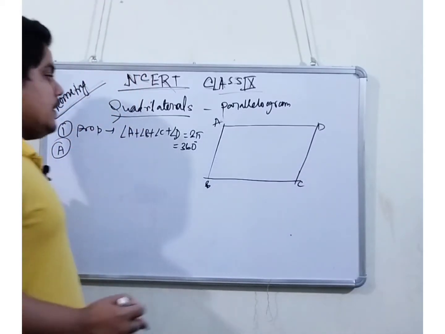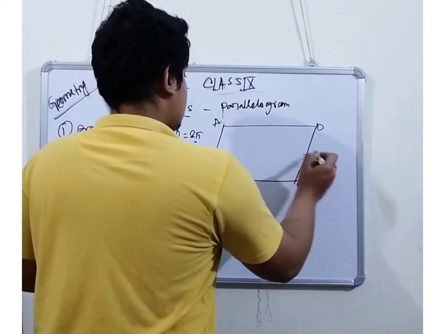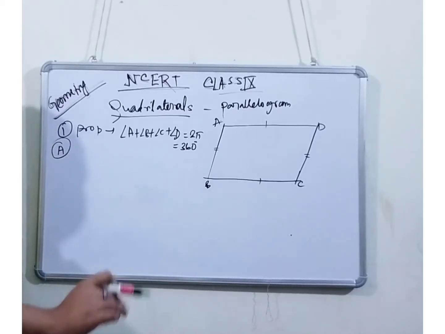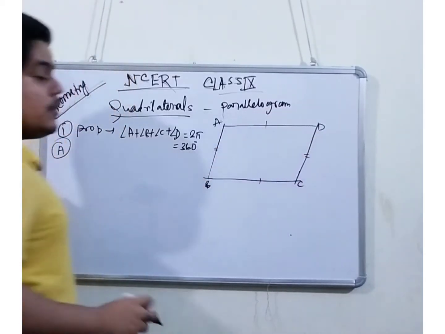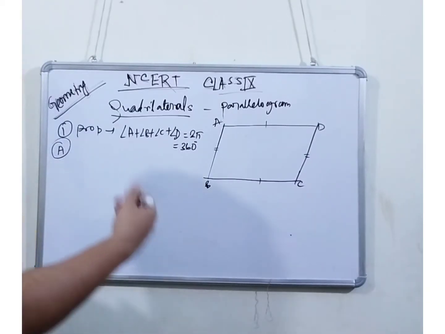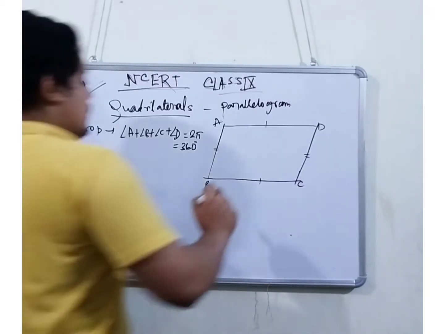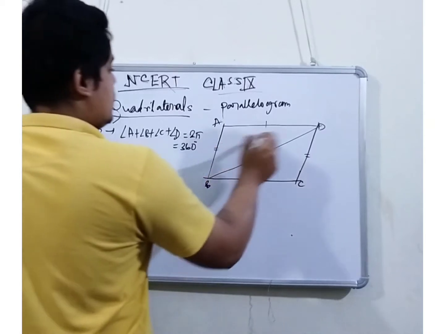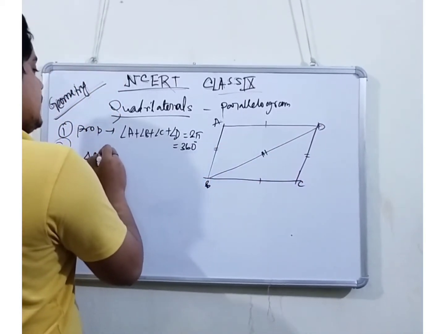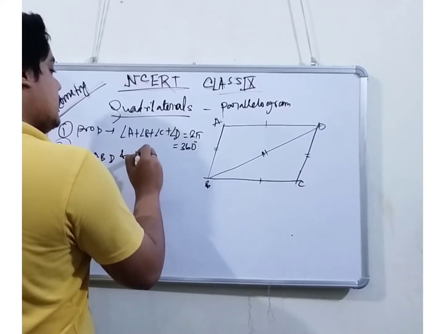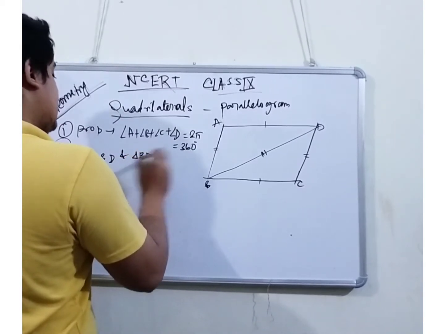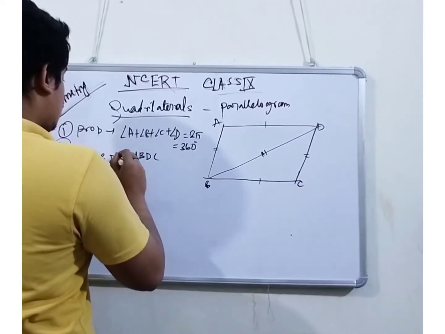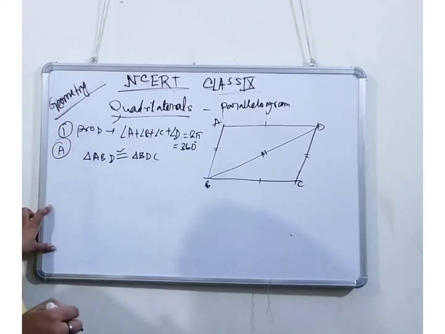The next theorem is, if the opposite sides of a quadrilateral are equal to each other, then it is a parallelogram. I have to prove it. I repeat, if the opposite sides of a quadrilateral are equal to each other, then it should be a parallelogram. Let's try how to do it. If I draw a diagonal here, what can I say? These two triangles, triangle ABD and triangle BDC, are congruent to each other.